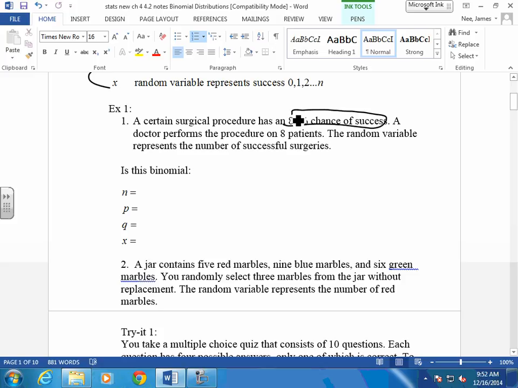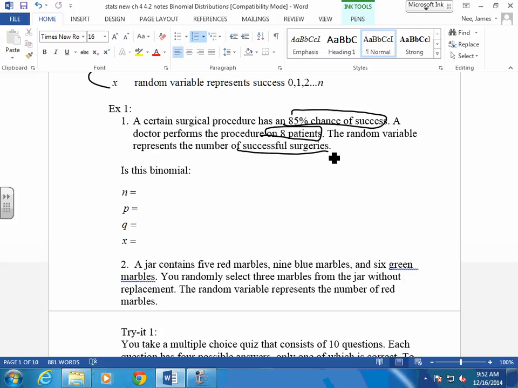A doctor performs this procedure on 8 patients. The random variable represents the number of successful surgeries. So first thing to do, lay out N, P, Q, and X, and then determine, does it meet all the criteria? What's N in this case?